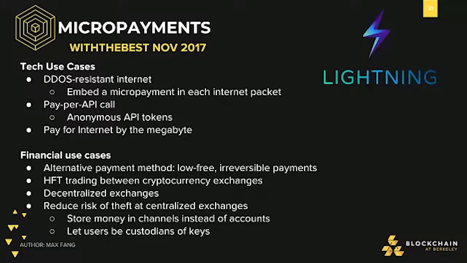Will LN be resistant to quantum computing? That's a good question. Bitcoin itself currently is not resistant to quantum computing because we use elliptic curves, and with quantum computing you would presumably be able to solve the discrete log problem.